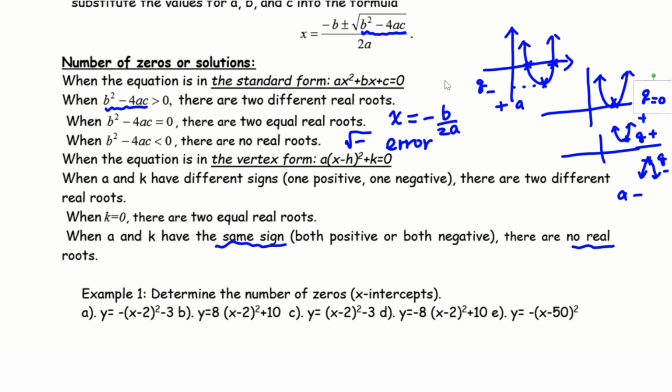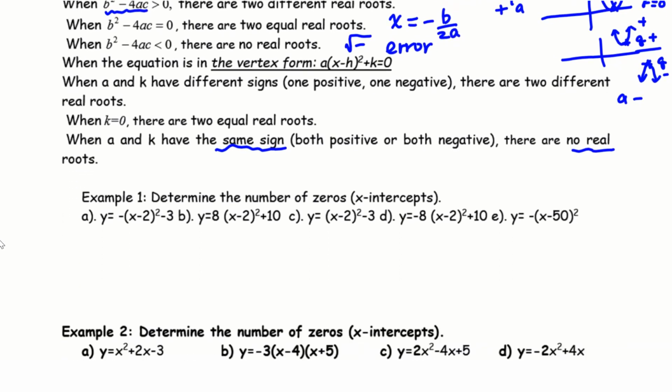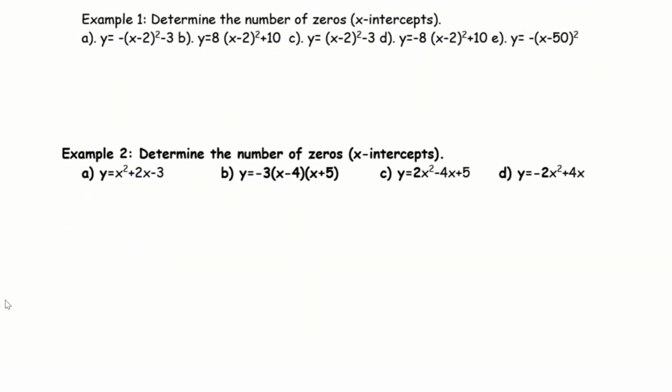Or the other way, q is positive and a is negative, you will have 2 points of intersection. So this one you could just sketch it. You will be able to see how many zeros. So let's practice finding how many zeros there are.